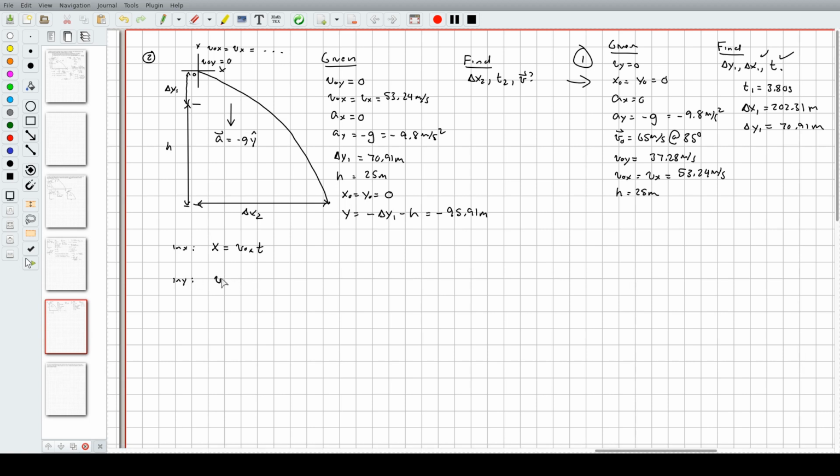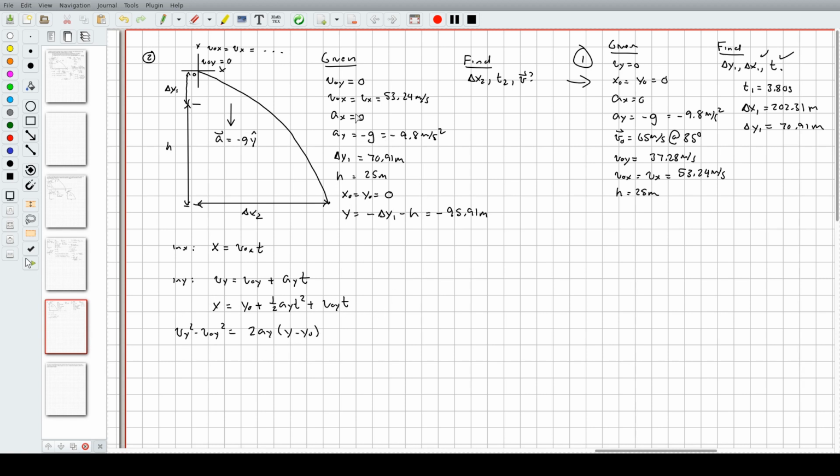We have Vy is equal to V naught y plus Ay times t. We also have y is equal to y naught plus 1/2 Ay t squared plus V naught y times t. Finally, we have Vy squared minus V naught y squared is equal to 2 times A sub y times y minus y naught.